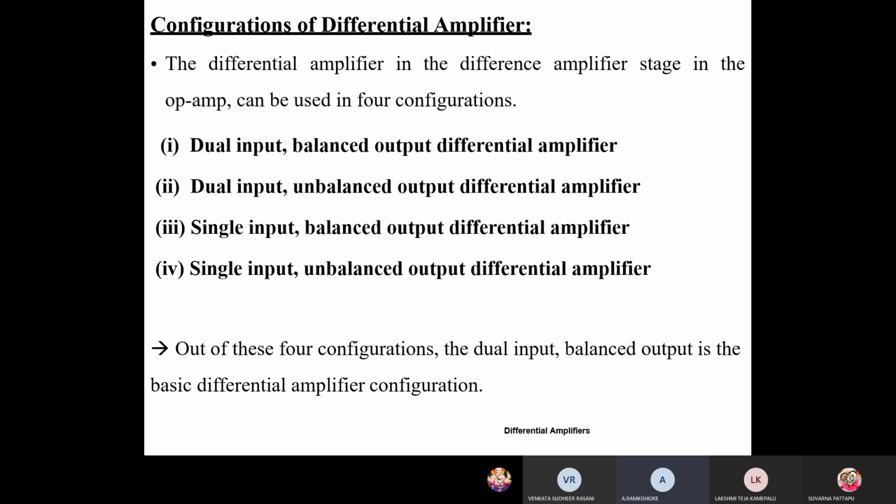One is the dual input balanced output differential amplifier, dual input unbalanced output differential amplifier, single input balanced output differential amplifier, and single input unbalanced output differential amplifier. Out of these 4 configurations, the dual input balanced output is the basic differential amplifier configuration.